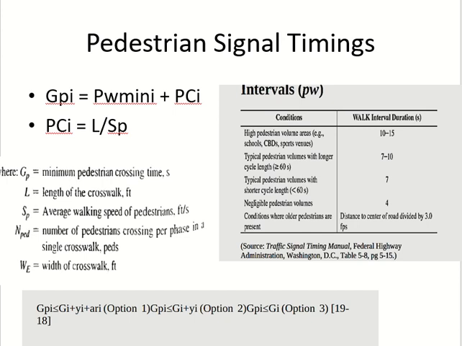Distance by time. 3 feet per second. You can go maximum 3.5, not more than this. You can find out your own speed by going and observing the speed of the pedestrians, or you can use 3 or 3.5; these values are allowed. The length of the crosswalk obviously depends upon the road. So you can calculate the clearance time from here.